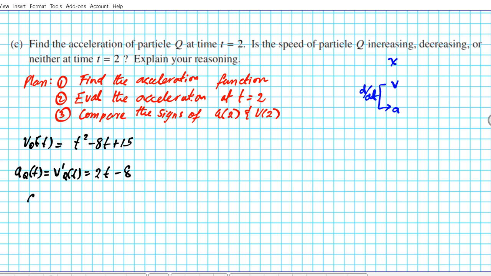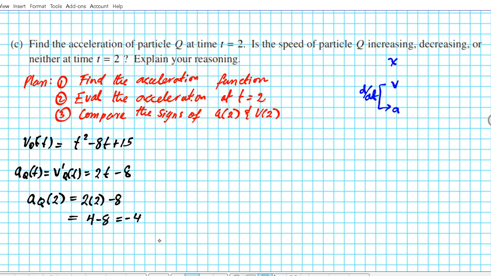So the acceleration of particle Q at time 2, which is step 2, evaluate. We're just going to plug in 2 for t, and then use our order of operations to finish this off. So 2 times 2 is 4. 4 minus 8 is negative 4. So there goes the acceleration.